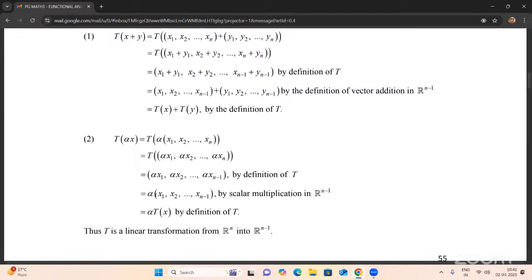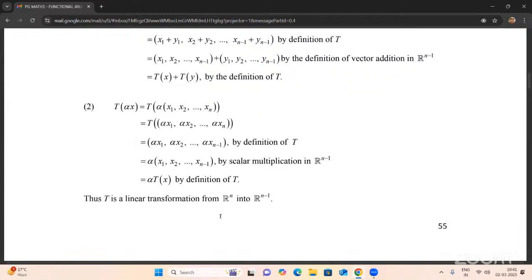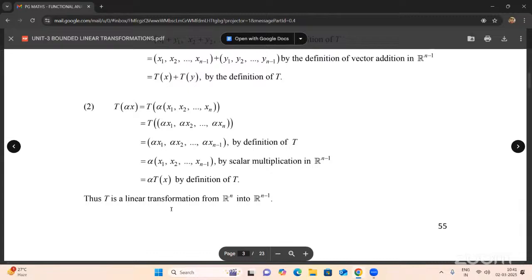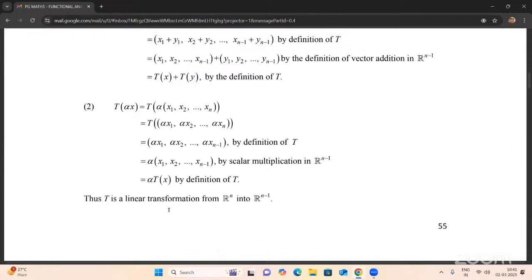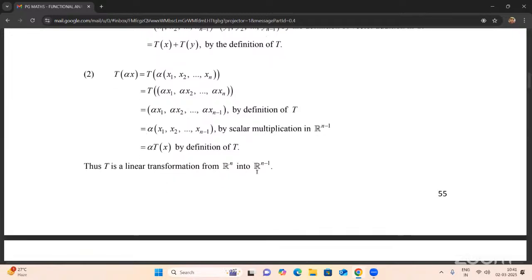So this is alpha times T of x by the definition of T. Thus, capital T is a linear transformation from R power n into R power n minus 1.